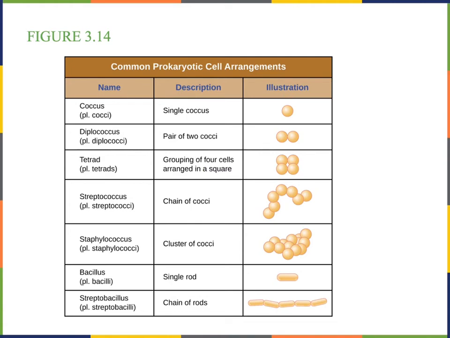Now the bacteria also, in addition to having specific shapes, they can grow in sort of cluster patterns. All right, and so there are a few that are important here, mainly from a disease perspective. So when we see things that are diplococci, such as this one here, all right, Streptococcus pneumoniae is something that does this.